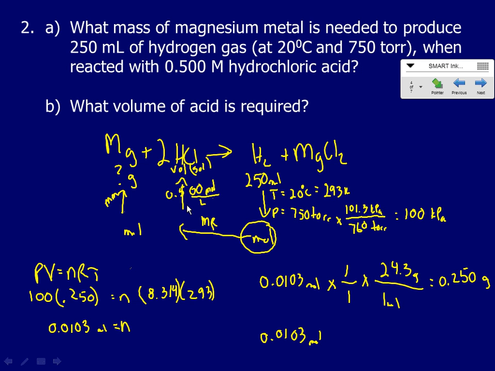All I need to do is now complete the last 2 steps again. Mole ratio, in this case, it's 1 to 2. It's an ugly looking 2. This time, I need to use the concentration. I need liters on the top because I want liters as my answer.